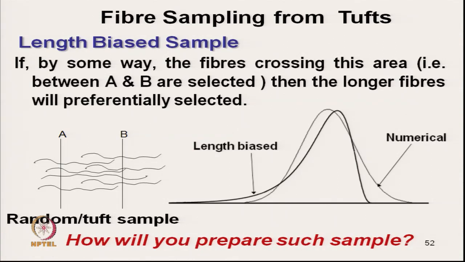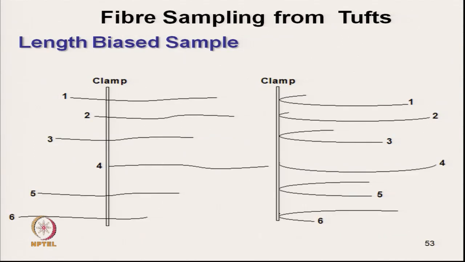So, then how to prepare this length bias sample? This is the way we prepare, and the most common example is the fibro sampler in case of high volume instrument. This is the clamp, where the clamp picks from the surface of the fiber bulk.